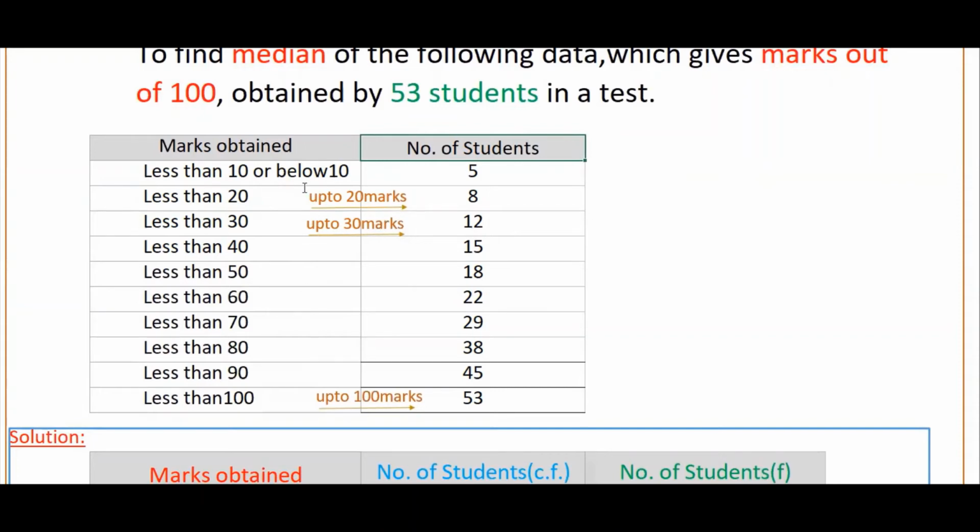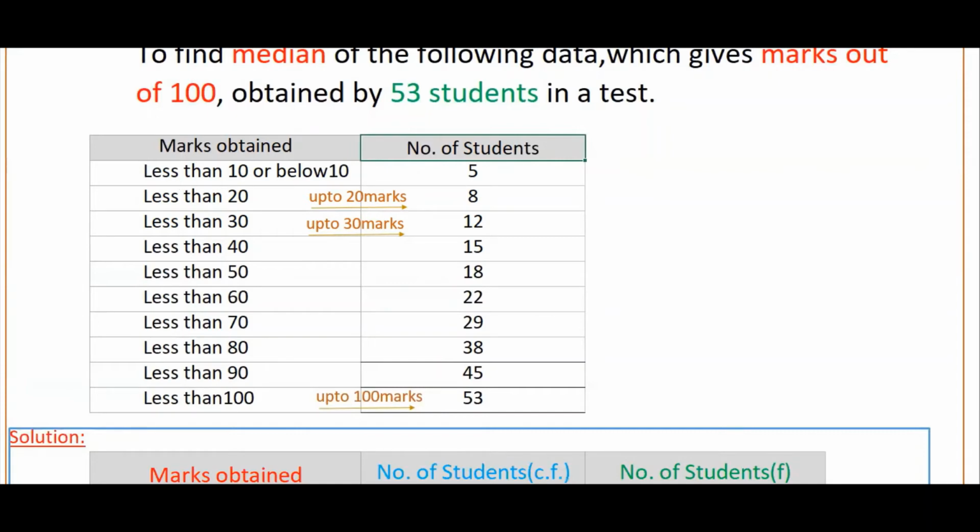So first you have to check whether these values are cumulative frequency or frequency values. So here less than 10 there are 5 students and less than 20 there are 8 students. That means less than 20 includes less than 10 students also. So 8 includes these students also, and less than 30 includes less than 10 and less than 20 also. So here 12 includes this number also.